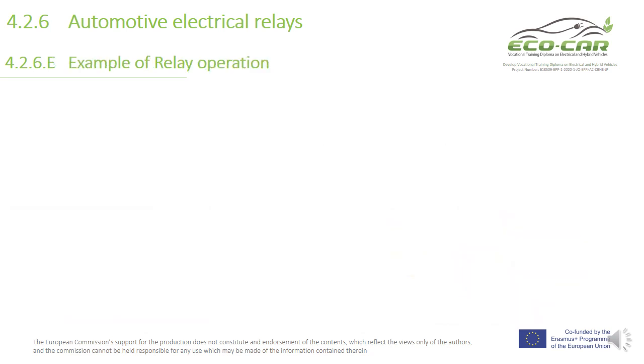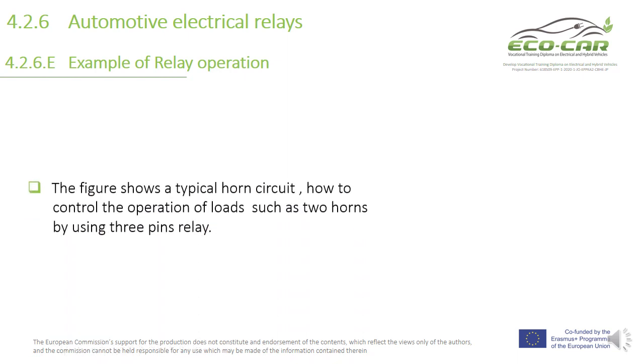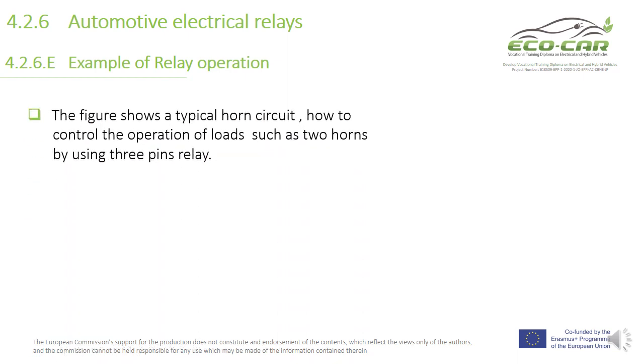Now let's take an example about relay operation, especially in vehicles. The figure now shows a typical horn circuit, and how to control the operation of loads such as two horns by using a 3 pin relay.